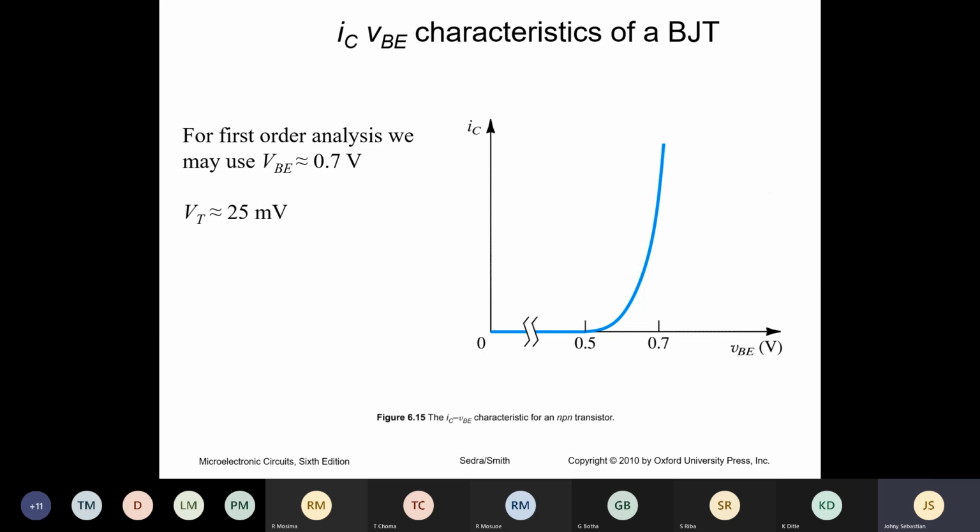This first order analysis means only one thing: easy calculation. Very easy calculation, pen and calculator solving of a problem. That is called first order analysis.